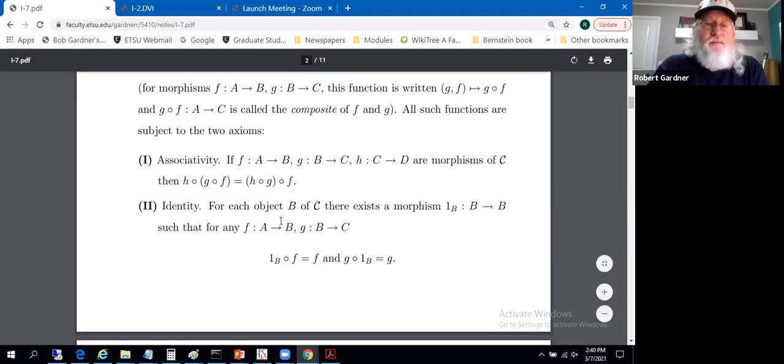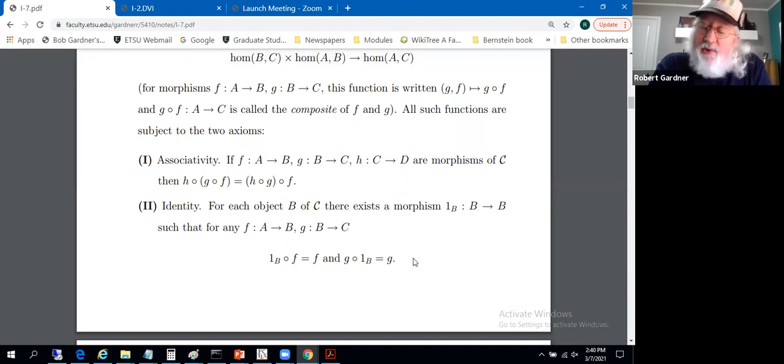these morphisms. And for each object B of C, we require that there exists a morphism 1_B, mapping B to itself, such that for any f mapping A to B and any g mapping B to C, we get this kind of composition.